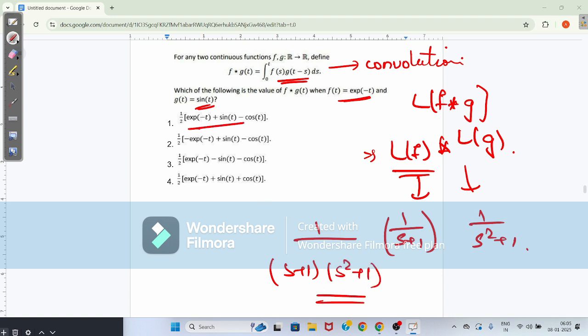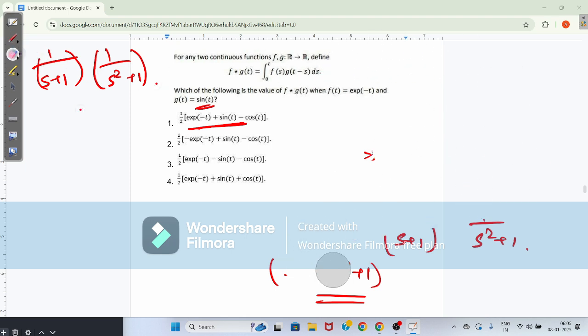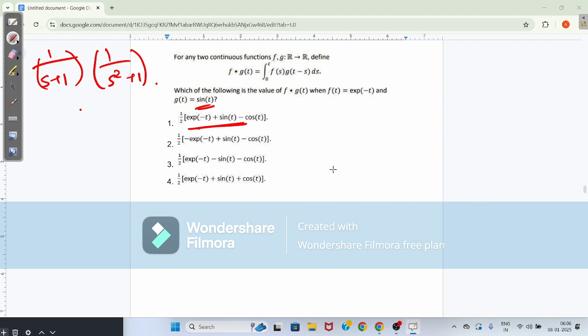Okay, now consider the options. 1 by s plus 1 into 1 by s square plus 1. Okay, this is the value. Now check from the options here.